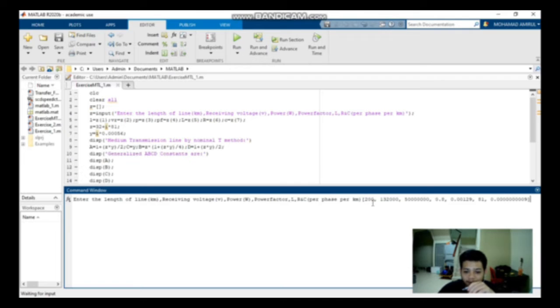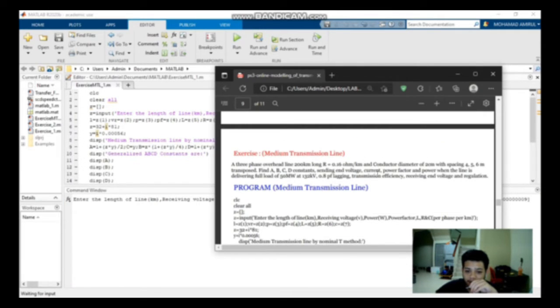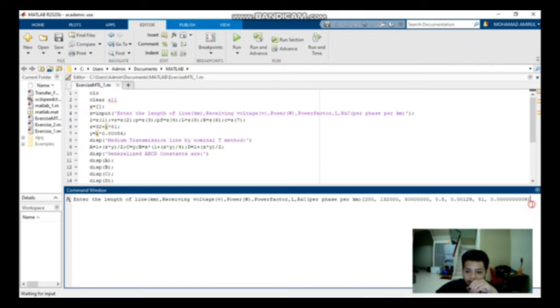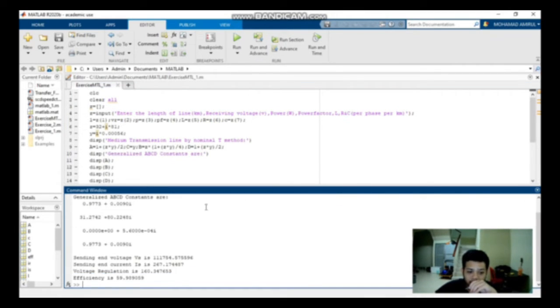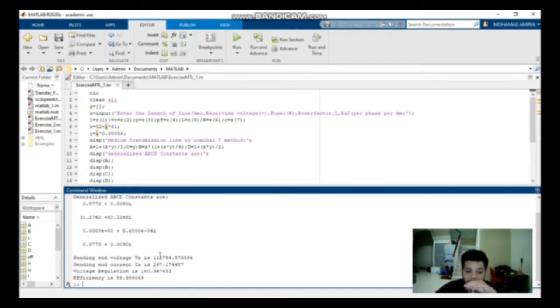After I wrote this input based on the question, I ran it and pressed enter. We get the generalized ABCD constants. So this is the answer.